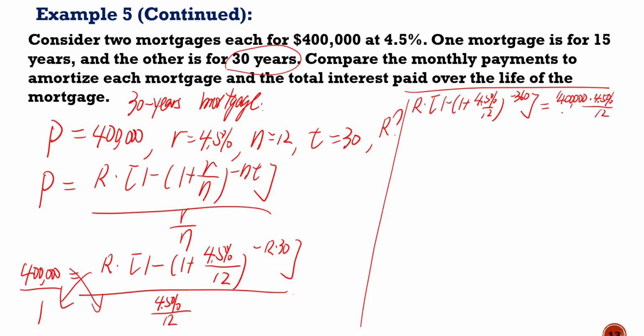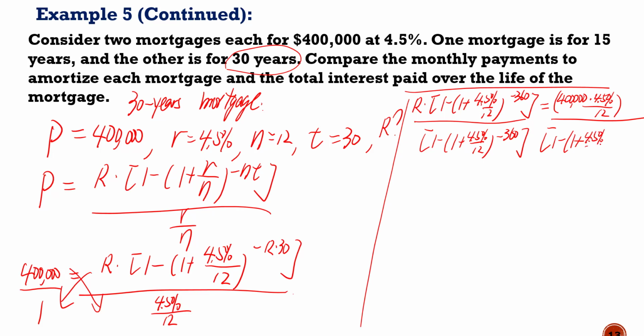Now we divide both sides of the equation by the square bracket. Now we get a result. So cancel the square bracket on the left. So regular payments by itself. Let's see what it is.